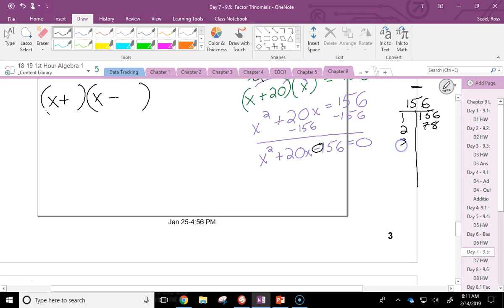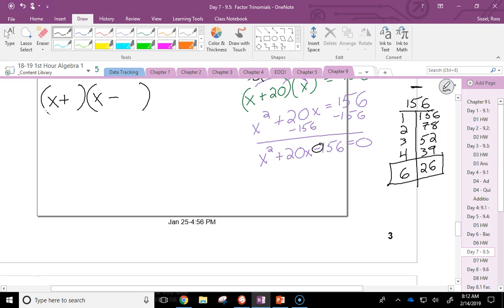Yes. 3 and 52. Well, that's 49. We're getting closer. What else would come in? 4. Okay. 4 and 39. That difference is 35. 5 can't because it's not ending in 0. 6. 6 and 26. And the absolute value between 6 and 26? 20.